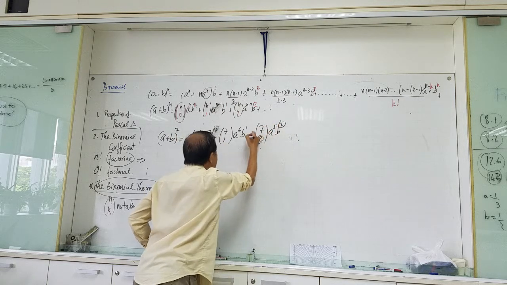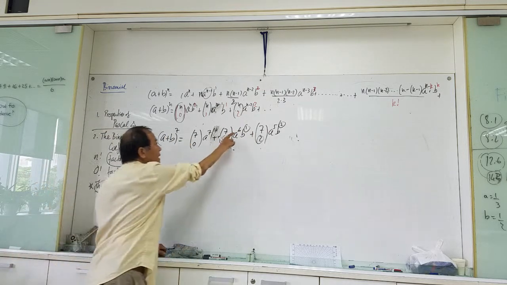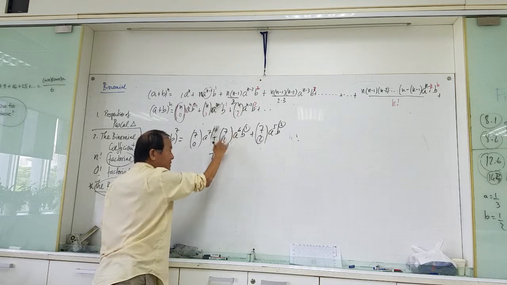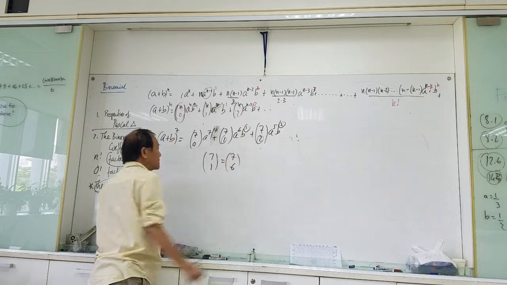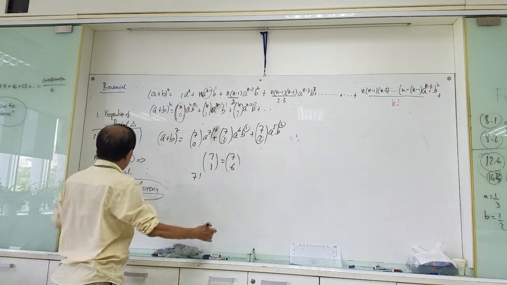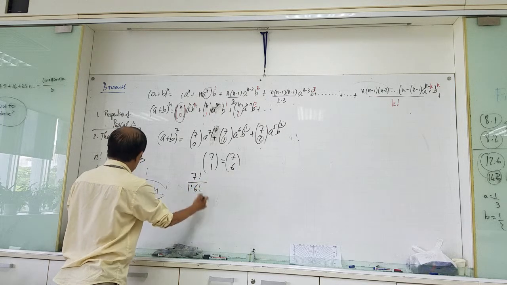So in this case, this number here goes with b, not with a. But remember, if you go with a, it's the same thing: 7, 1 equals 7, 6. So let's prove it. So 7, 1 means 7 factorial divided by 1 factorial times 6 factorial.